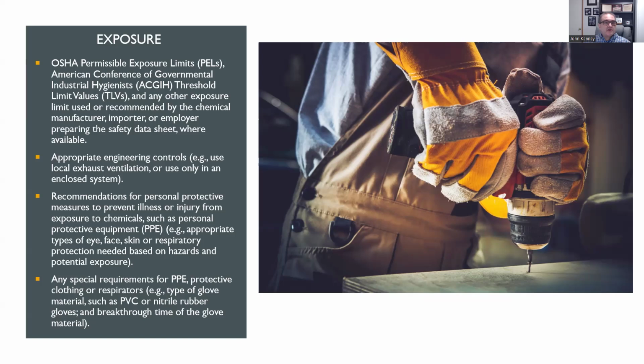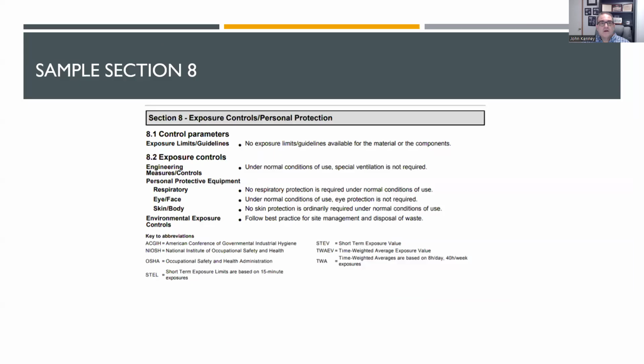Recommendations for personal protective measures to prevent illness or injury from the exposure of chemicals, such as PPE. Any special requirements for PPE, such as gloves, materials such as PVC or nitrile rubber gloves, breakthrough time of the gloves material, etc.